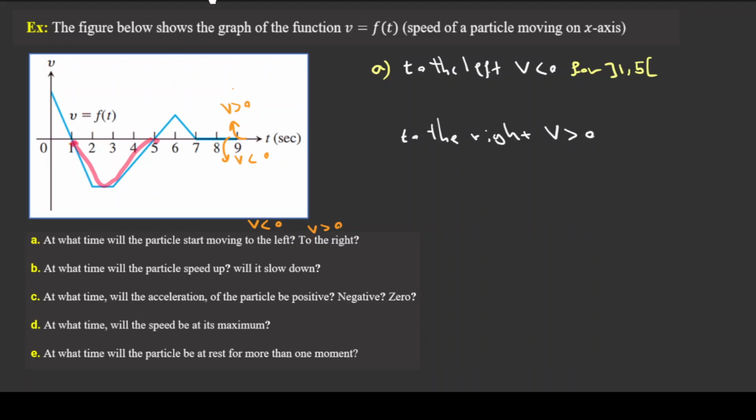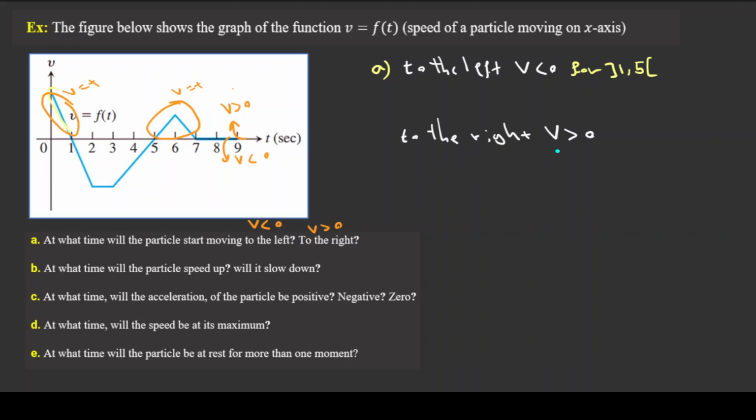Where is velocity positive guys? Velocity is positive for 0 to 1, and also 5 to 7. From 0 to 1 the velocity is positive, right? And also from 5 to 7 the velocity is positive, right?